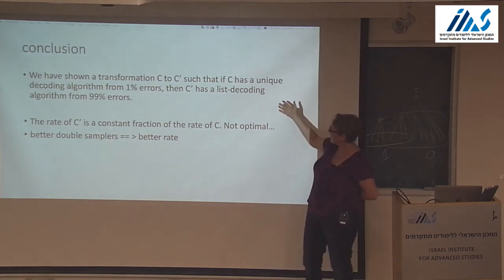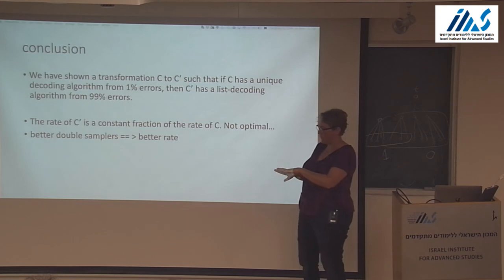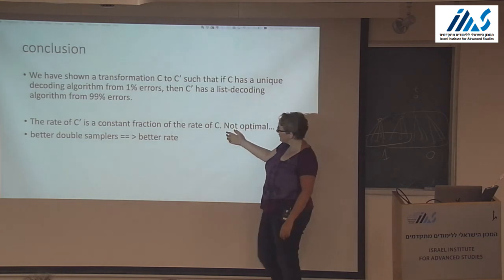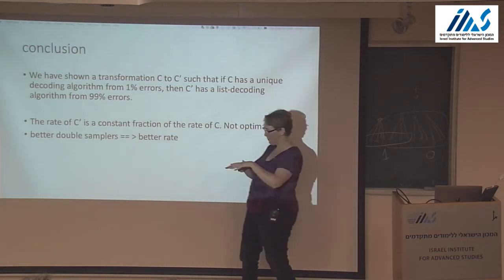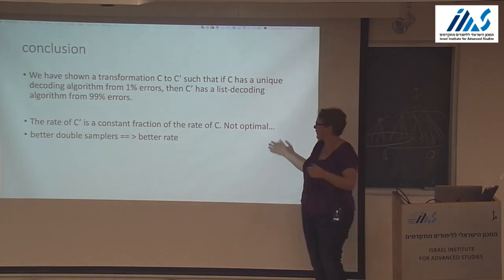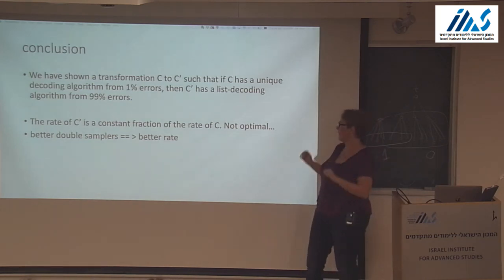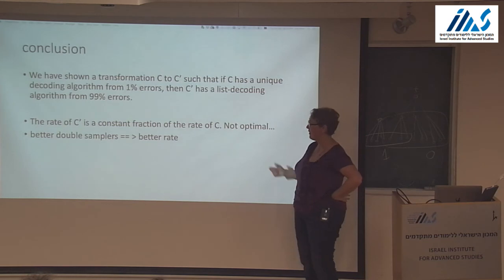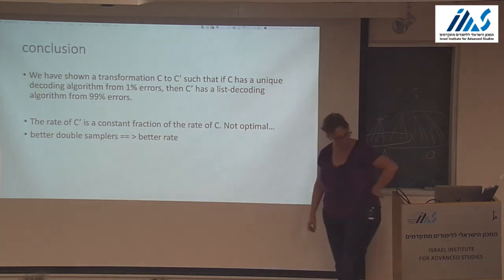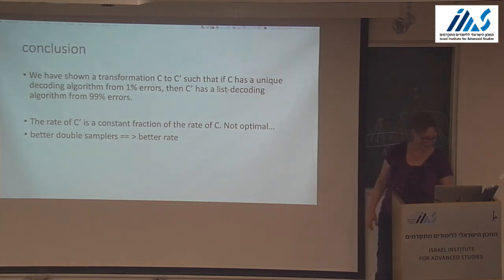So I think it's more interesting just as showing how these overlapping properties in the double sampler give you some power. The reason this is not optimal is because the rate of C prime depends on how many vertices I have in my double sampler. And for the current constructions that I know, this is not close to being optimal. Of course, if we get better double samplers, we might get something that's competitive.